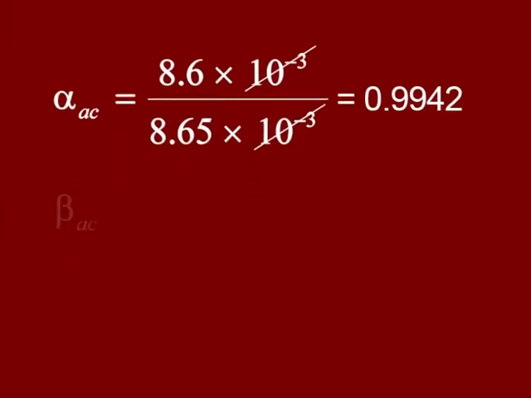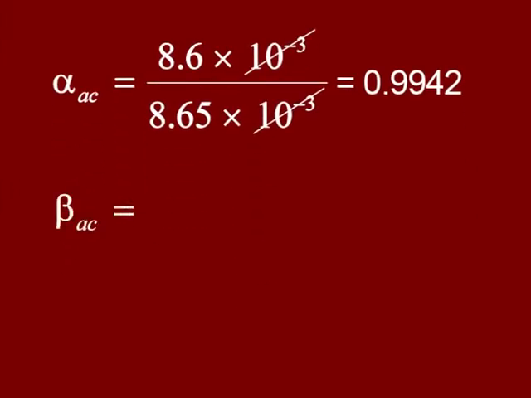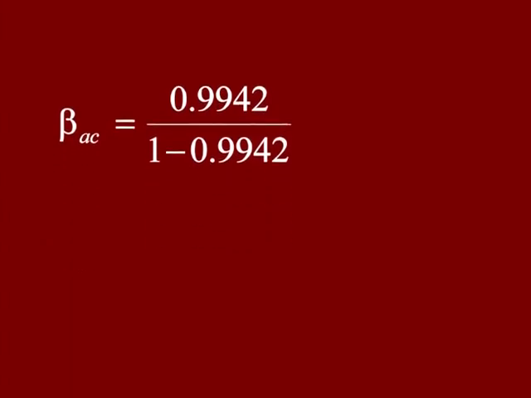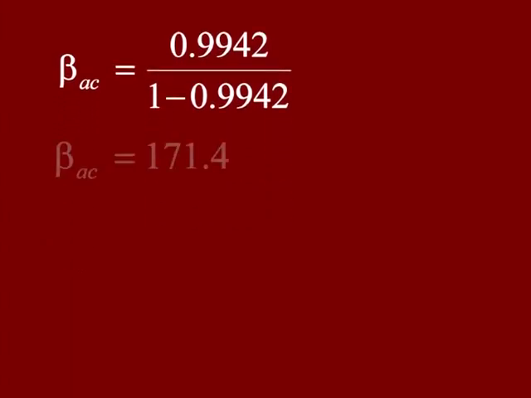Since we have beta AC equal to alpha AC upon 1 minus alpha AC, we substitute the value of alpha AC and get beta AC equal to 0.9942 upon 1 minus 0.9942. On calculating, this gives beta AC as equal to 172.